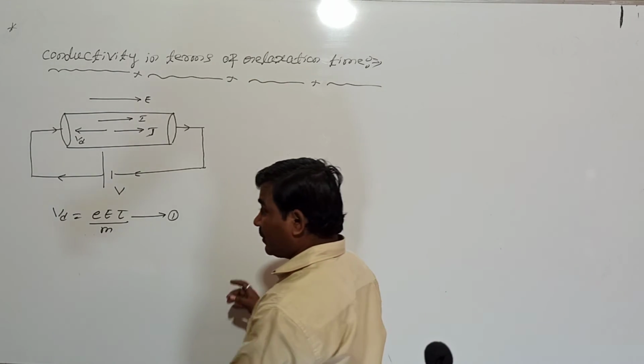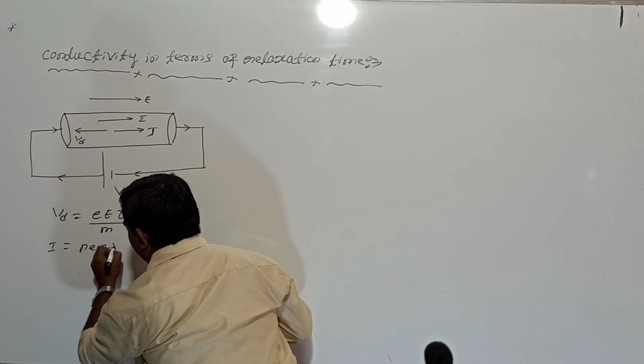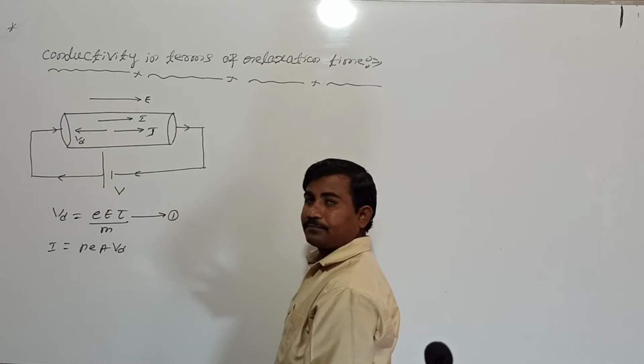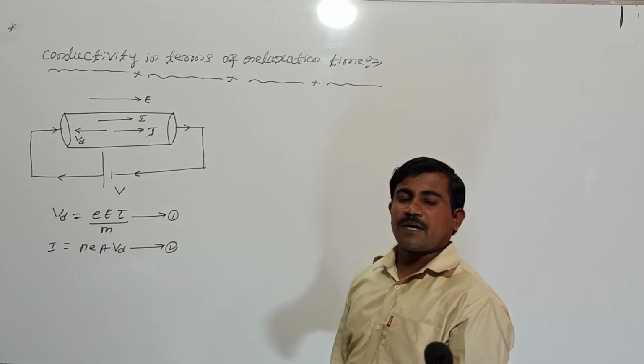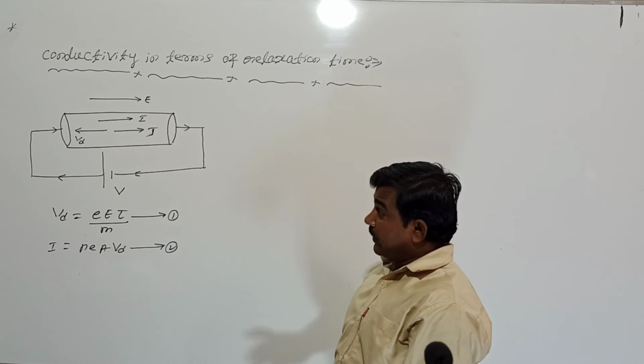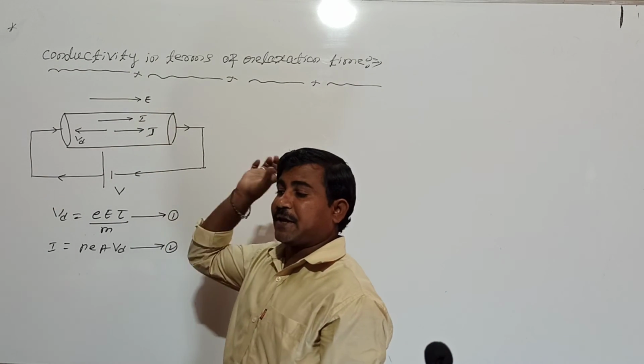But what is the expression for electric current in terms of drift velocity? I equals n e A Vd. This we are calling equation number 2. We know the relation between current density, conductivity and electric field.